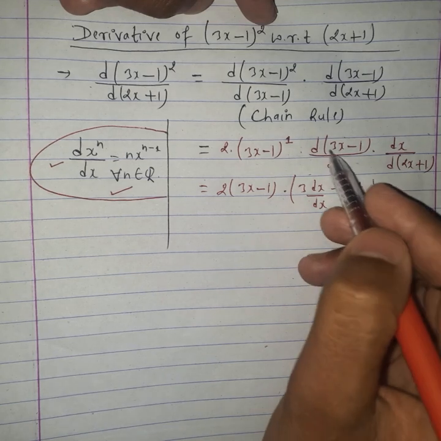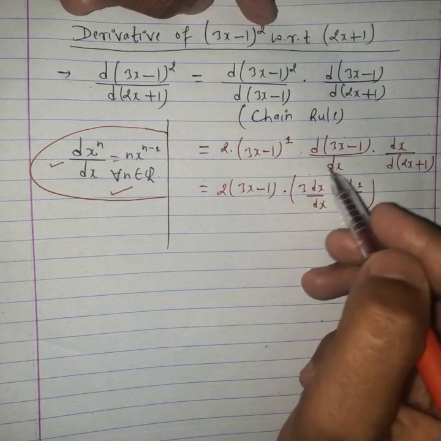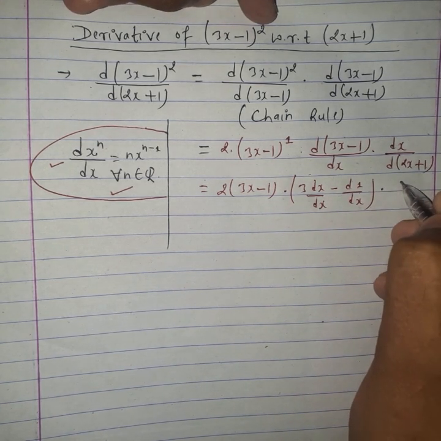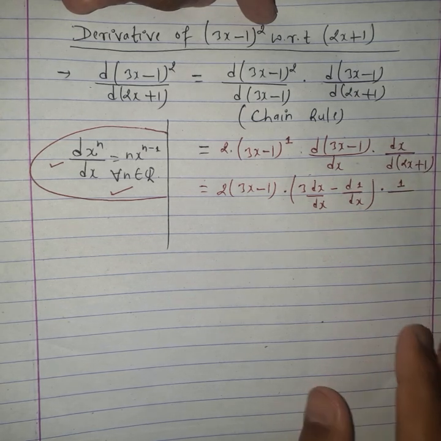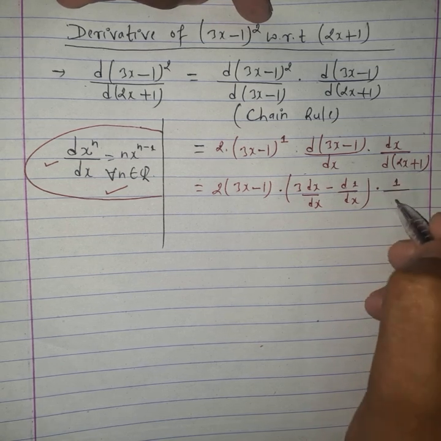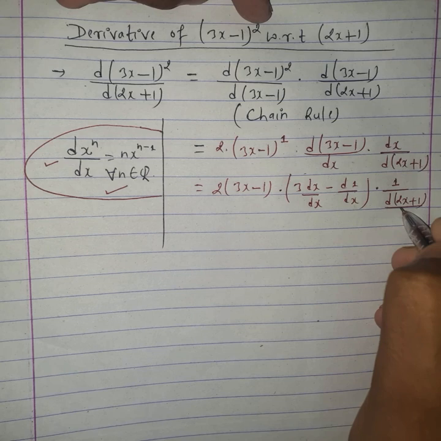We first use the difference rule and then the coefficient rule, times 1 over the derivative of 2x plus 1 with respect to x.